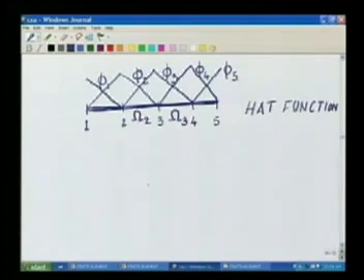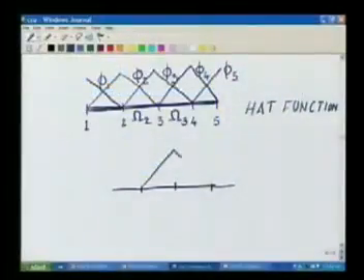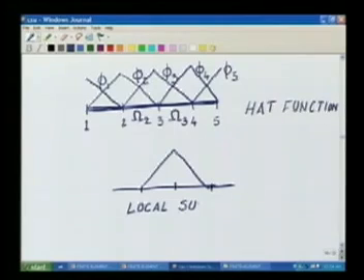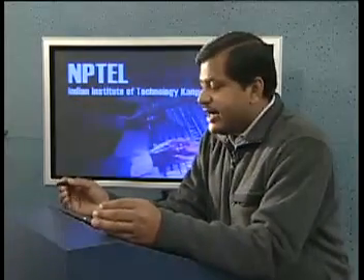Such functions, which are 0 in most of the domain and non-zero in only a small part of the domain, are called functions with local support. This is a very important feature of the finite element method, in that for the approximation we are using functions which are only defined in a small part of the domain, and by piecing up these functions we construct the approximation over the full domain.